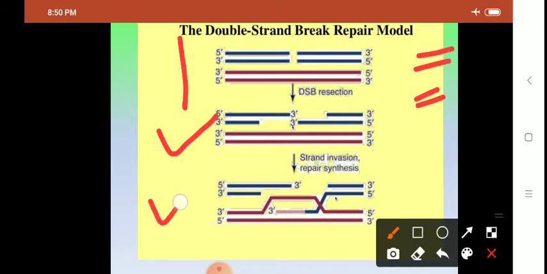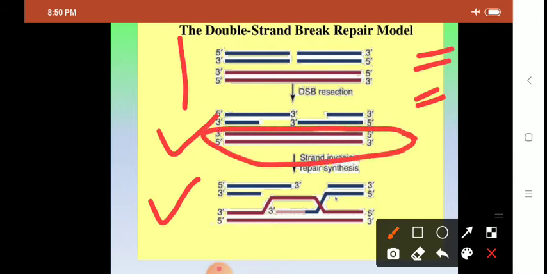Now, look at the third one. There is another duplex DNA which is going to serve as a donor DNA. So, the donor DNA invades towards the recipient DNA, and then one of the strands of the recipient DNA also invades towards the donor.